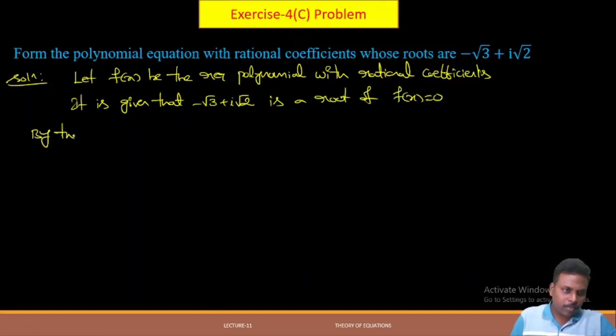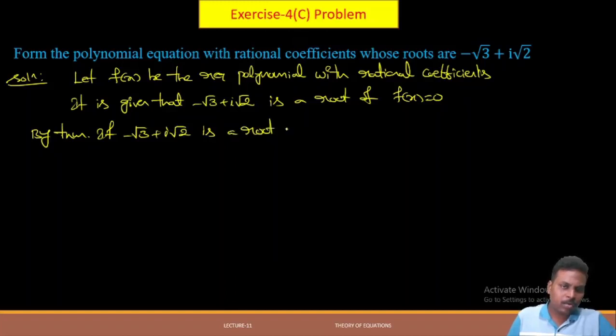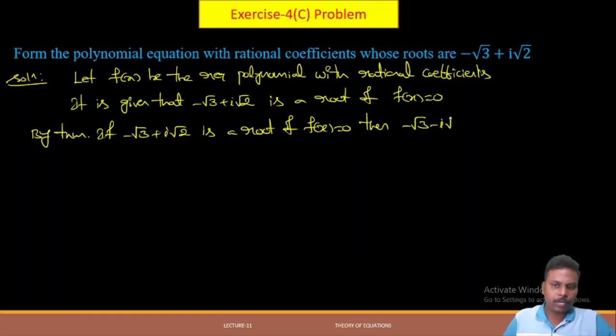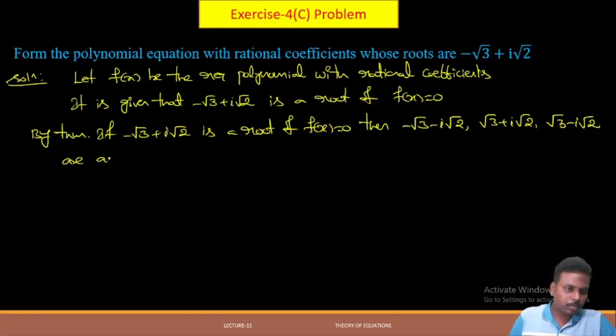So by a theorem which is stated earlier, if minus root 3 plus i root 2 is a root of f of x is equal to 0, then minus root 3 minus i root 2, root 3 plus i root 2, root 3 minus i root 2 are also roots of f of x is equal to 0.